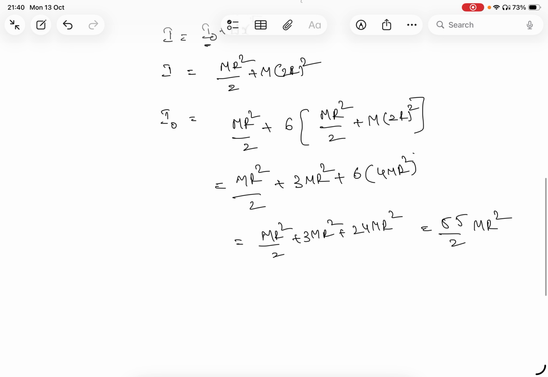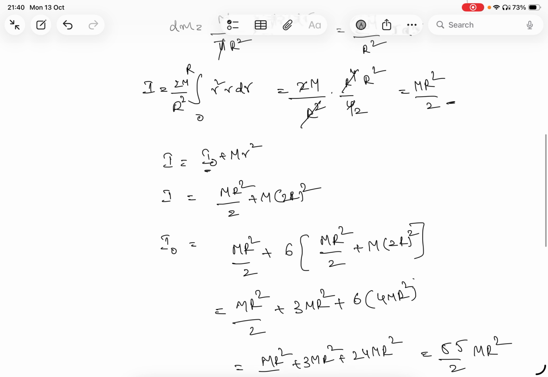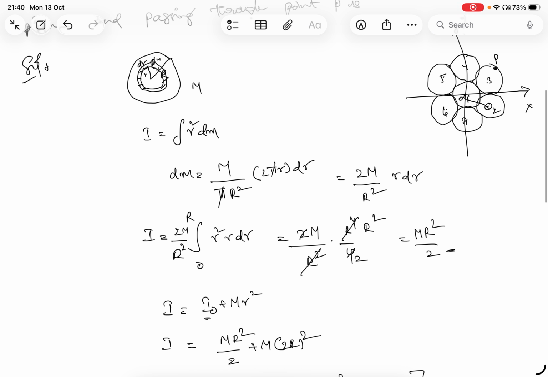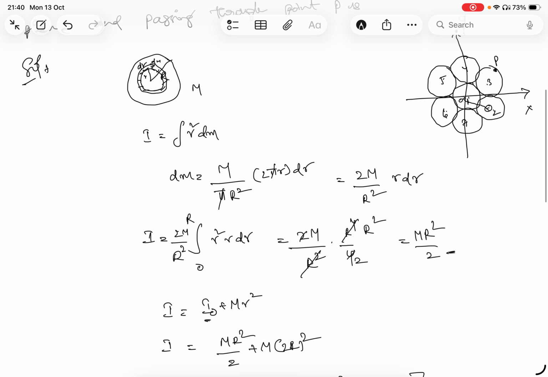Fine. This is I naught, 55 by 2 m r square. This moment of inertia is about this centroid, which is O, for the complete structure.